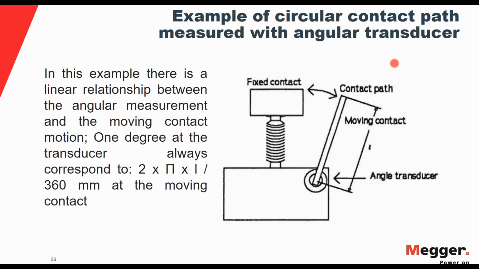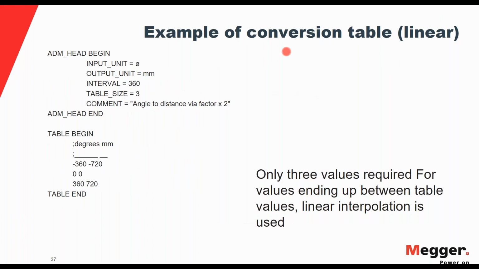And this linear factor is done using a small conversion table that just has three values: a start, a middle, and an end value. And this start, middle, and end value really gives you a linear motion. So this factor is linear. Whether you start from here or from there, it will always give you the same factor.